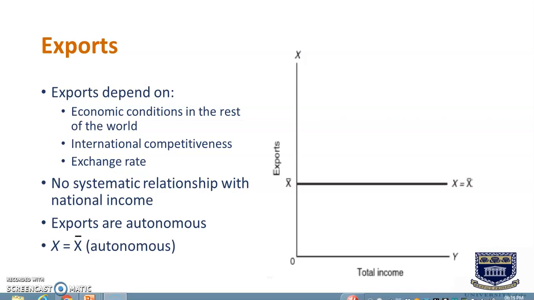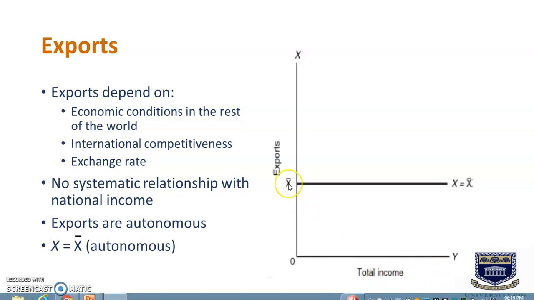Graphically, the relationship between exports and income is illustrated by a horizontal line, as in the figure on slide 18. So let's quickly look at this figure. We would place exports on the vertical axis, and total income on the horizontal axis.